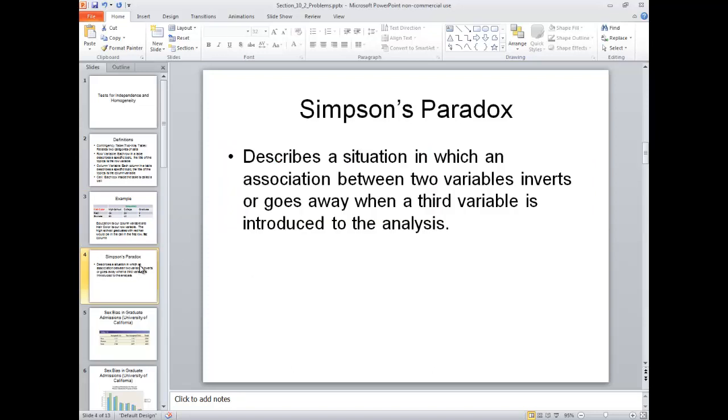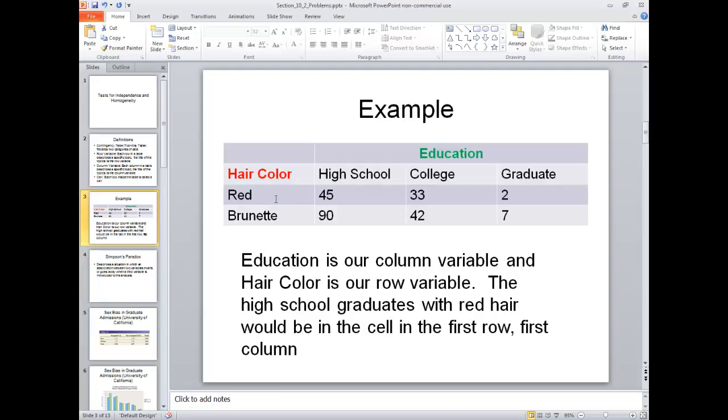Now Simpson's paradox describes a situation in which an association between two variables inverts or goes away when a third variable is introduced to the analysis. For example, over here, you might look at that and say, well, it looks like if you have red hair, then this percentage goes on to college, this percentage goes on to graduate school.